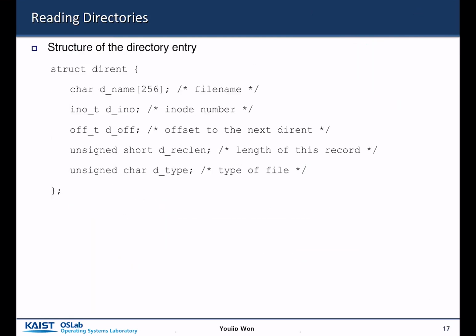So this is the structure of a directory entry. It first contains a maximum array of 256 characters.